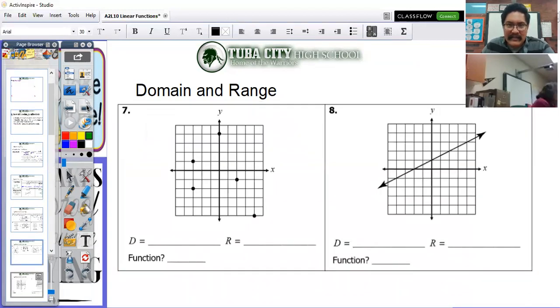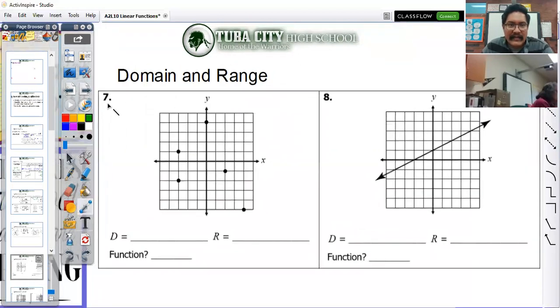So I did mention that I was going to point out some of the examples as we cover them about discrete and continuous. So before we even start working on this one, I want to point out that these lines are discrete and continuous.